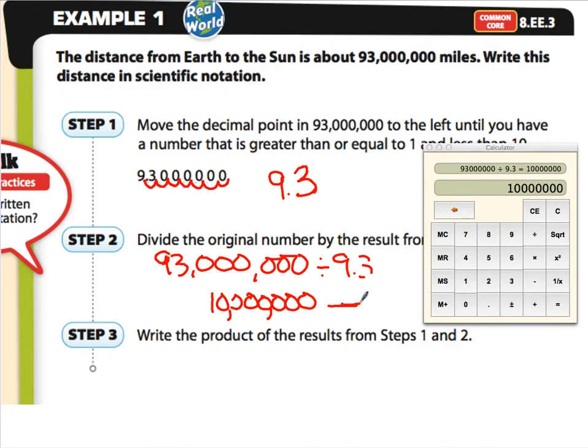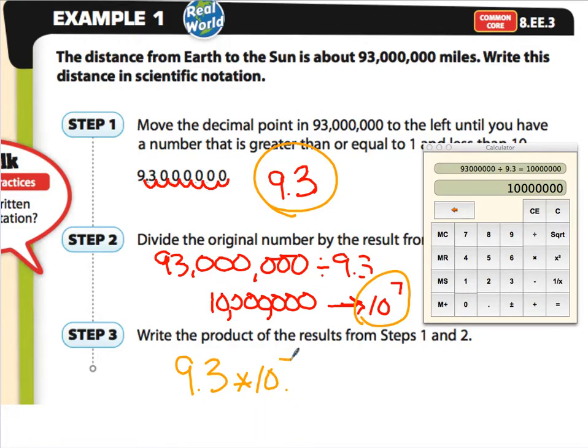This written as an exponent would be 10 to the 7th power. So then I know that I take my 9 3/10 and I multiply it by my 10 to the 7th power, and that gives me my answer in scientific notation. Sorry, there's not supposed to be a period there. There we go. All right.